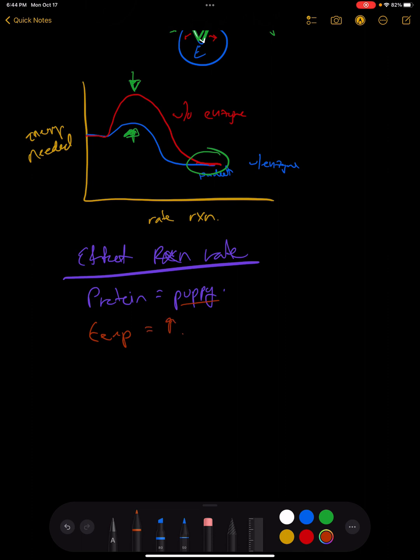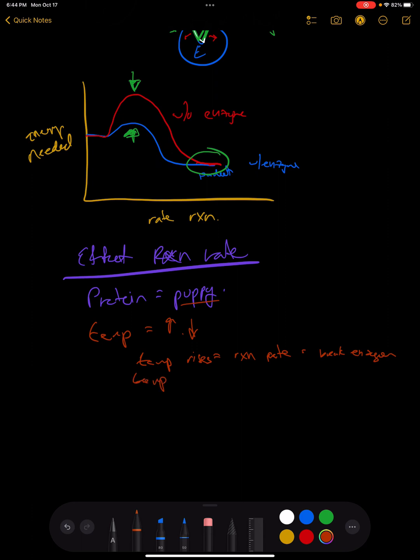So if I raise or if I lower the temperature, that's going to have an effect on my reaction rate. If the temp rises, for a second the reaction rate can go a little bit faster because of it, but then at some point the temperature gets too high, and that's going to break the enzyme, right?